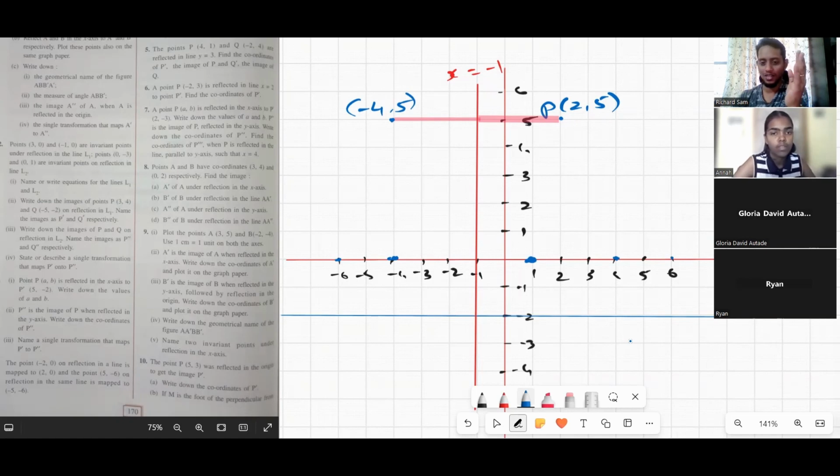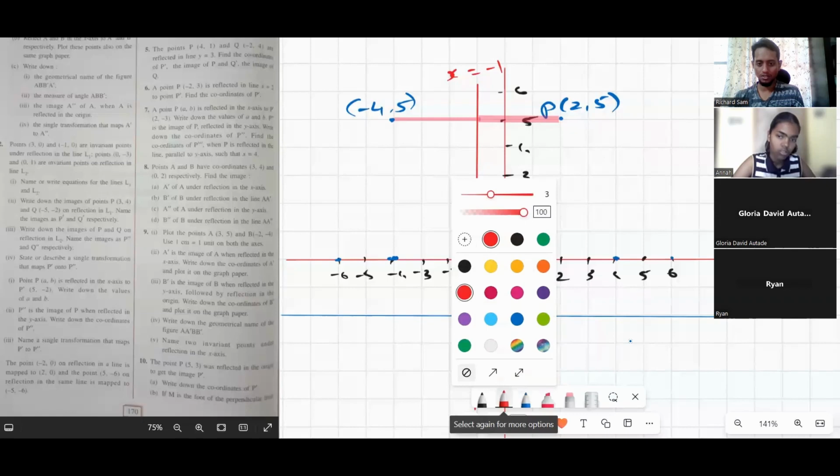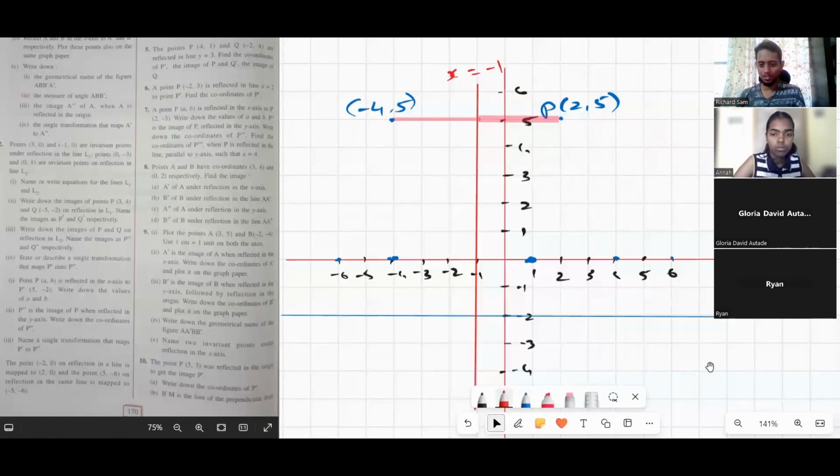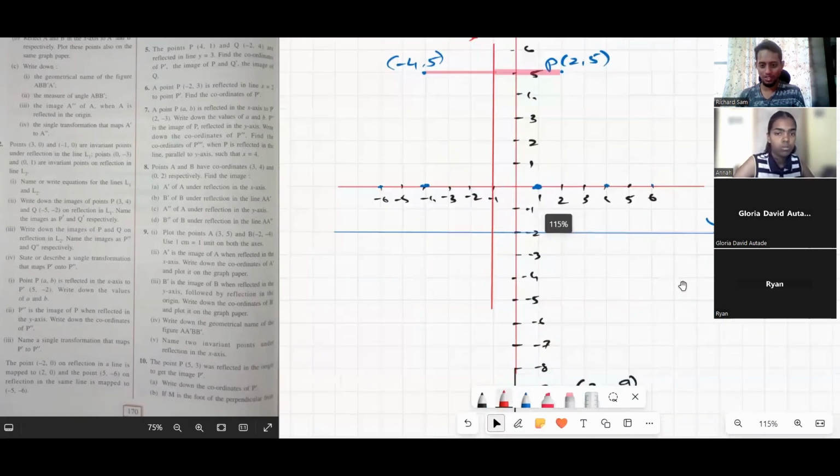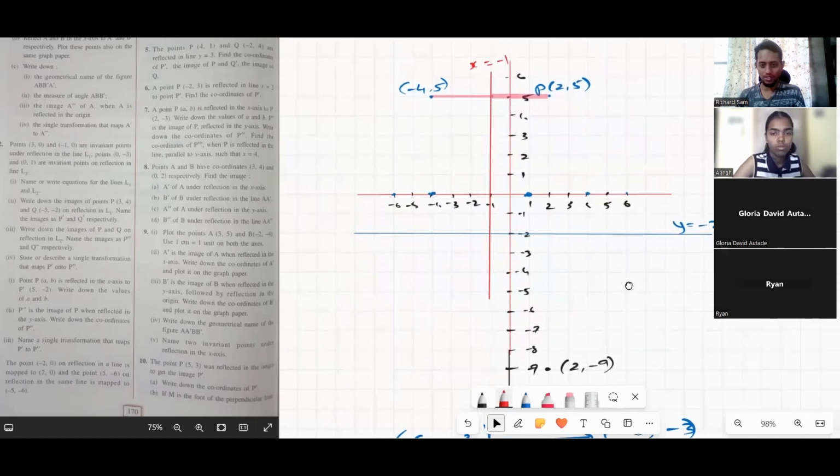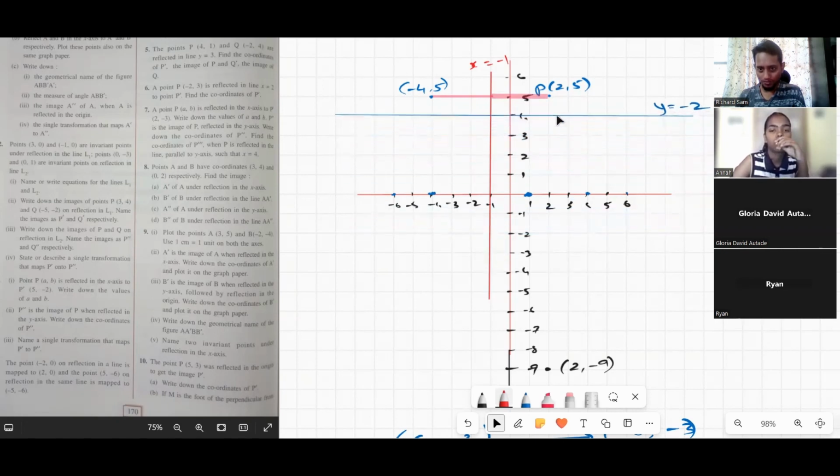Okay. One last one. How do you draw this? Actually, you draw this before I draw more, otherwise it'll just become more confusing. So here there are 2 reflections. One reflection was on the line y is equal to -2. We'll not do this one. Let's do an easier one.